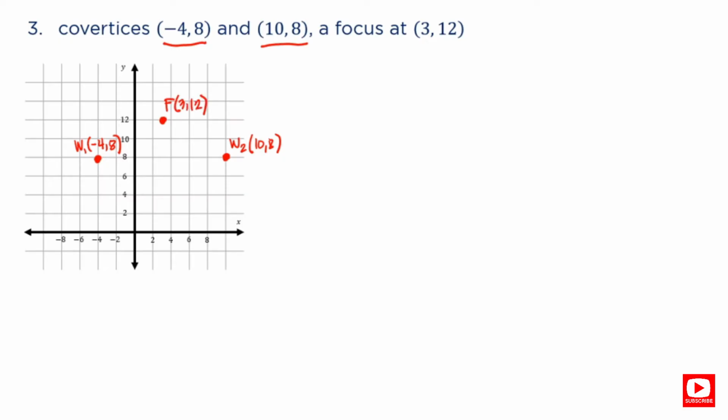So this is our focus. Okay. So focus is 3, 12. So from that, since our co-vertices are horizontally aligned, take note that the orientation ng ellipse opposite siya sa co-vertices. So if the co-vertices are horizontally aligned, the ellipse is vertical. If vertically aligned naman yung mga co-vertices natin, horizontal naman yung ellipse. So in this case, we have our orientation that is vertical.